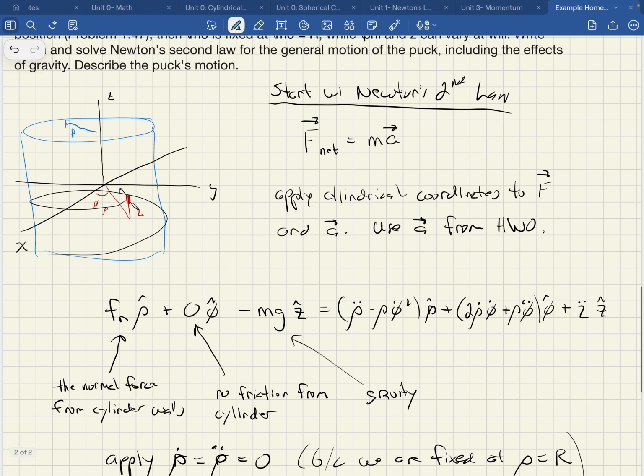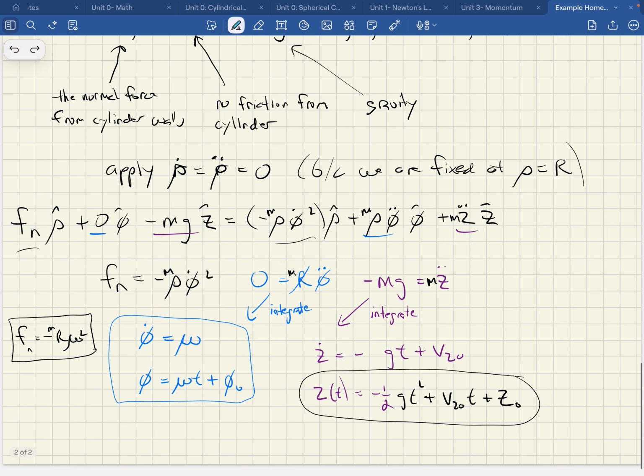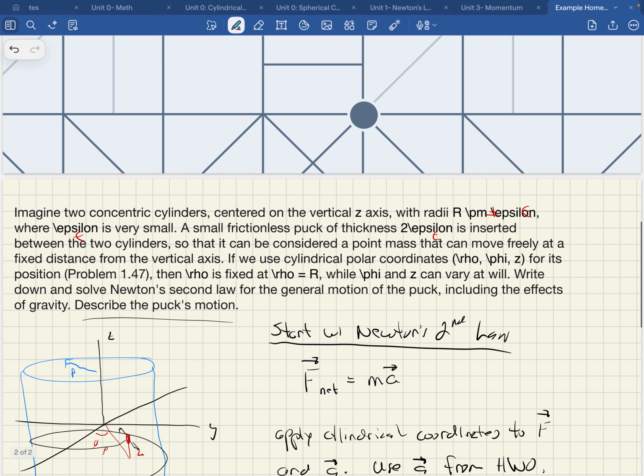So if it had a positive initial z velocity, it could start going up and then end up going down. So what does the total motion look like? Let's answer that question, because the problem says describe the puck's motion.